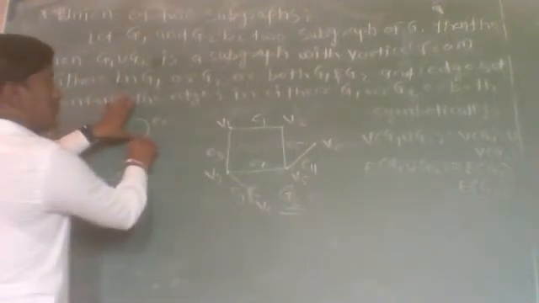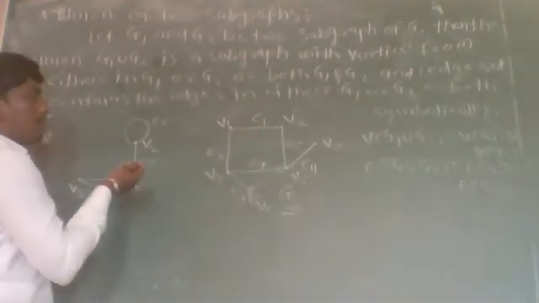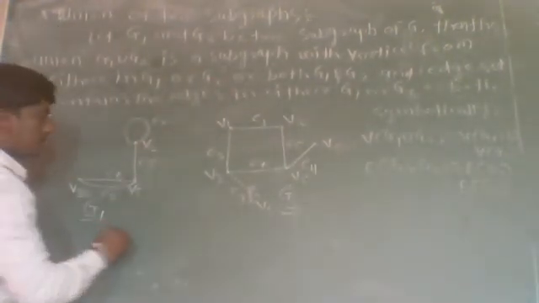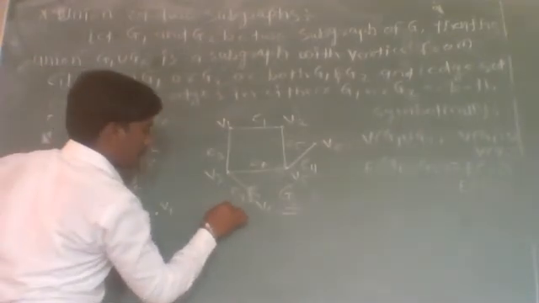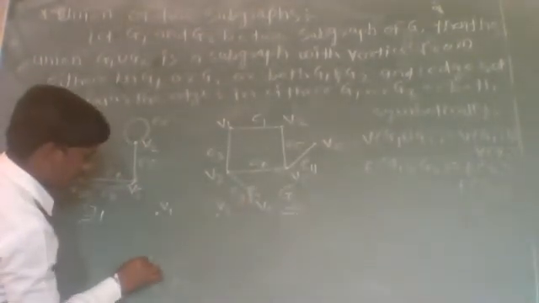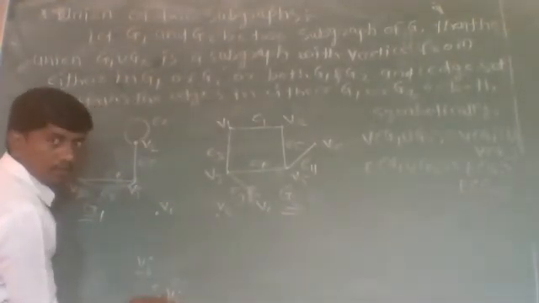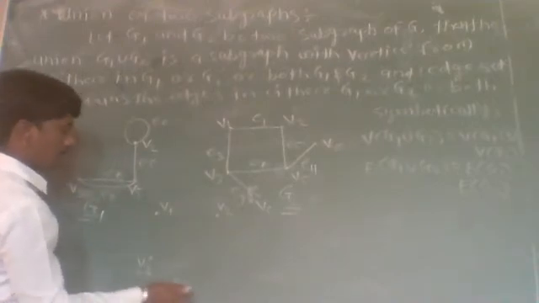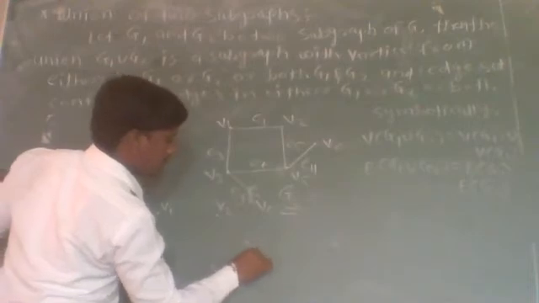Here vertices V2, V3 and V5 are common in both, so we take vertex V1, vertex V2, vertex V3, vertex V4, vertex V5 and vertex V6.